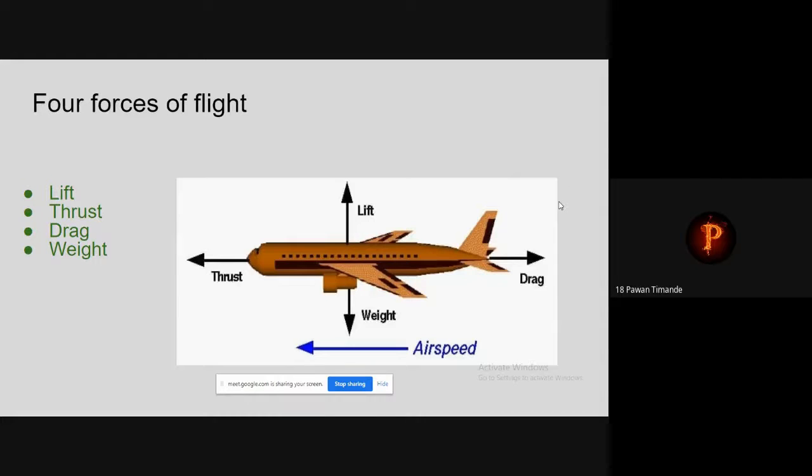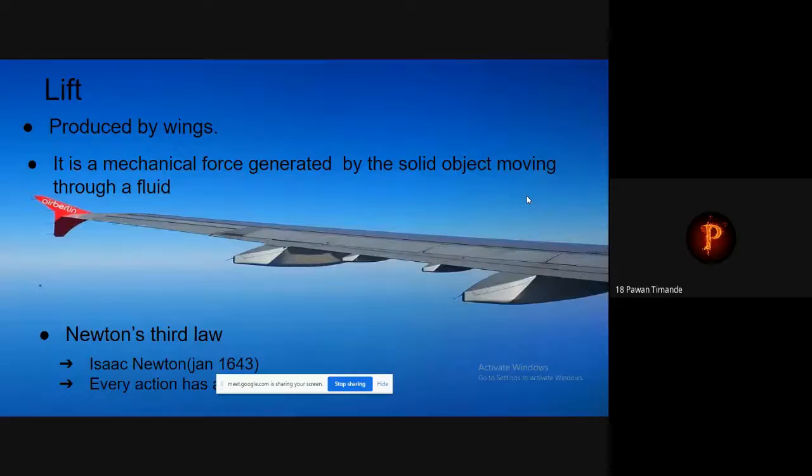So let's understand the basics of every force. Lift is the force which is produced by the wings. It is the mechanical force generated by a solid object moving through a fluid, and lift is based on Newton's third law of motion, that is, every action has its reaction pair.